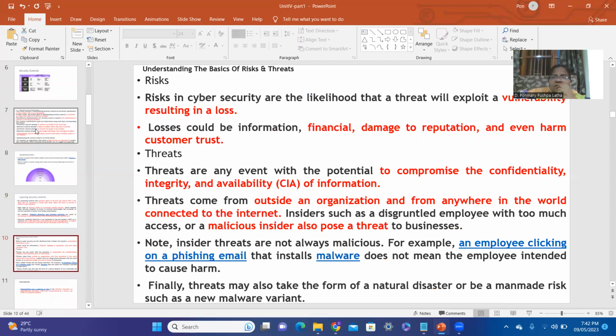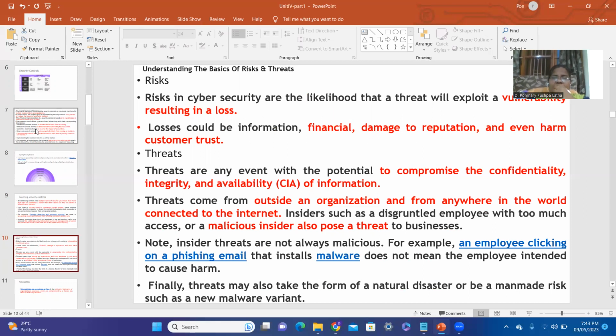First of all, we have to understand what the risk is and what the threats are. Losses could happen due to financial damage, damage to reputation, even harm to customer trust. So we have to avoid such things. Threats mainly deal with confidentiality, integrity, and availability.